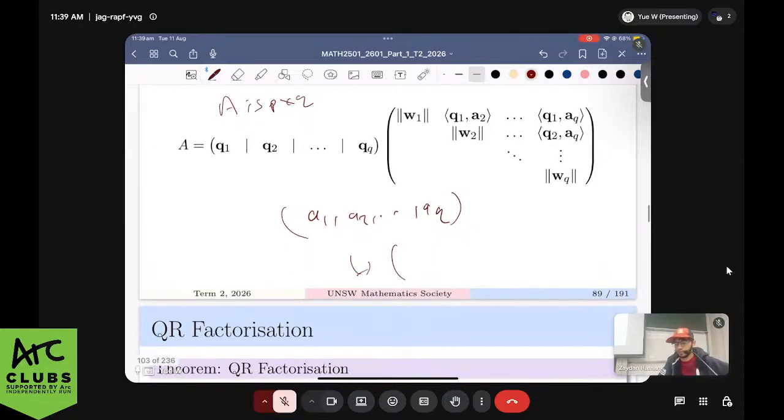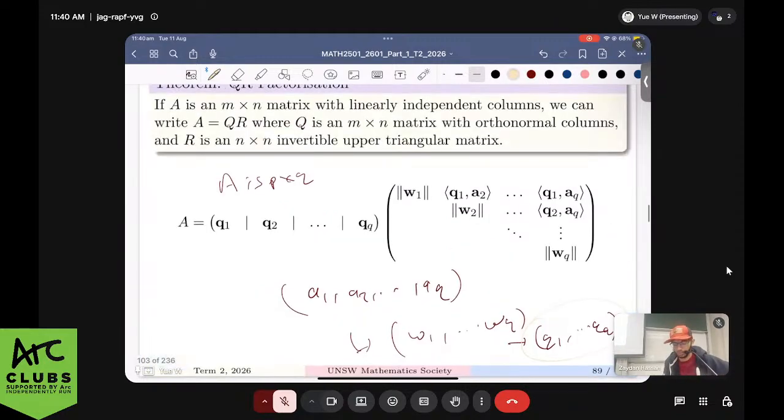If it's not independent, Gram-Schmidt will fail. It will give you a 0 vector somewhere. But anyway, we're assuming A has independent columns. This will give you some W1 up to WQ. And then when you normalize it, you'll get Q1, like bold Q, up to QQ. So this is the actual orthonormal basis for the columns. So that's what these Qs are.